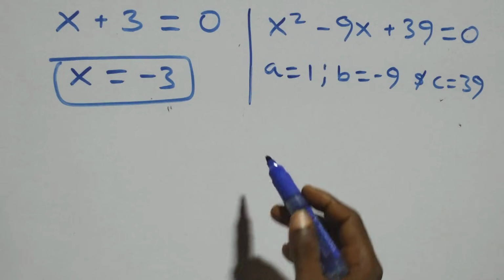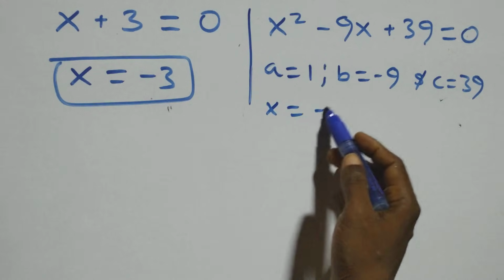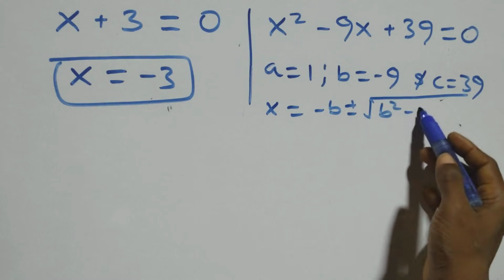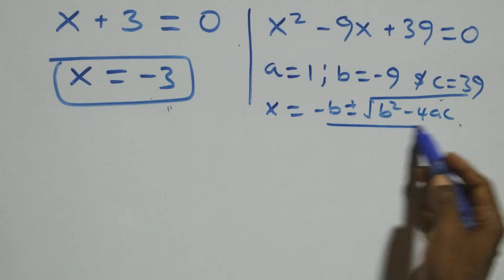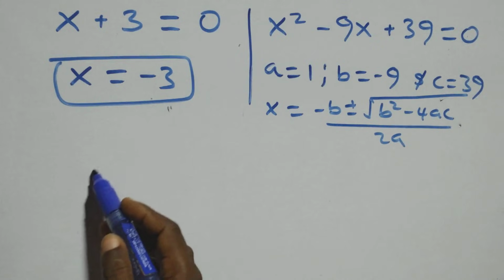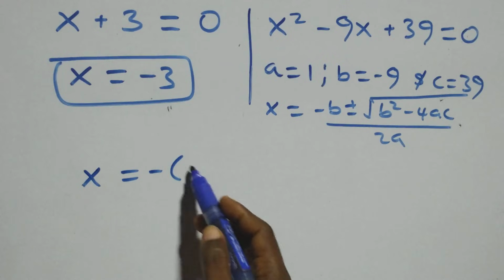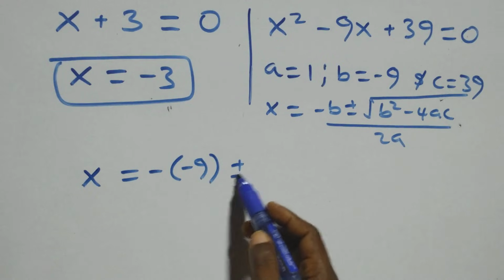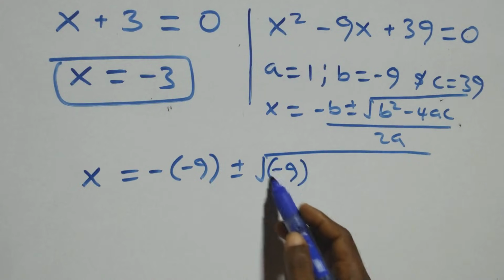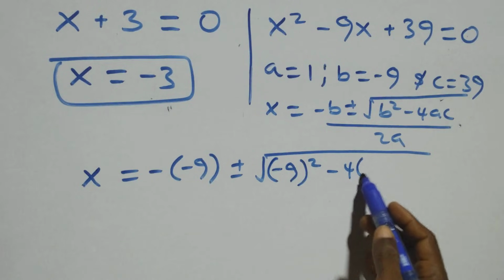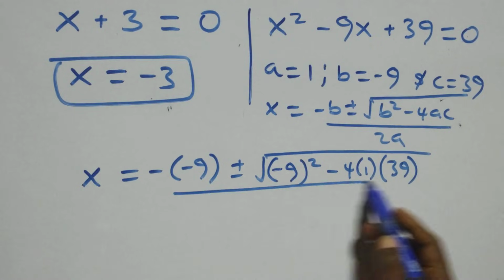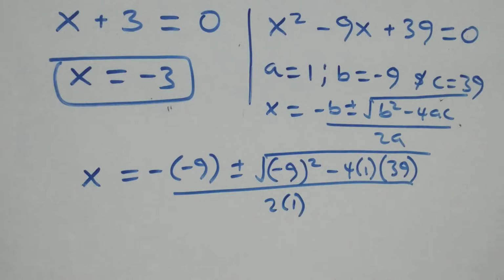Apply the quadratic formula, x equals minus b plus or minus square root of b square minus 4ac all over 2a. Here x equals minus (minus 9) plus or minus square root of (minus 9) square minus 4 times 1 times 39, all over 2 times 1.